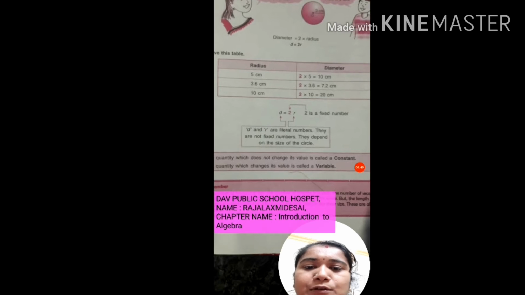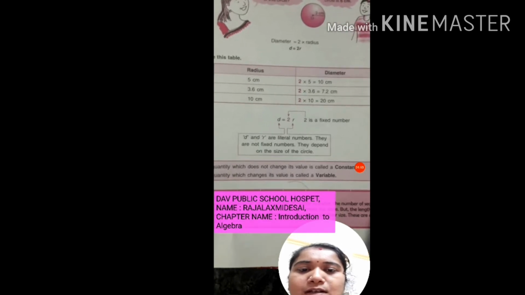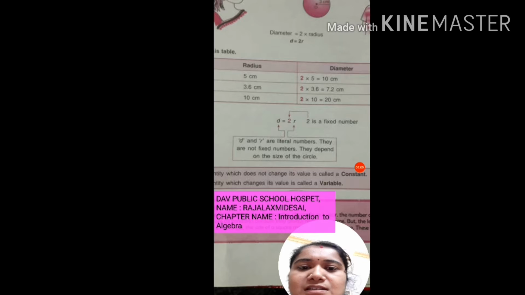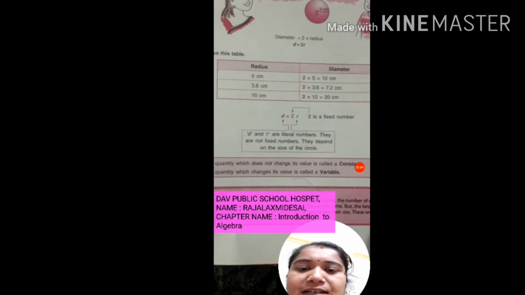Here you can observe the number 2 is called a constant because it has got a fixed value. So here you can observe the table, 2 is not changing, right? But if you observe d and r, diameter is changing as the radius is changing.